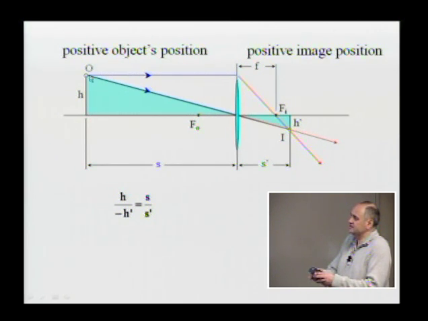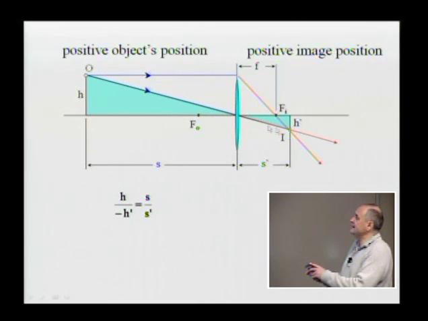And we can recognize that this length over this length is equal to this length divided by this length. Now, because the image is inverted, this value h prime is negative, so the length is minus this negative number.